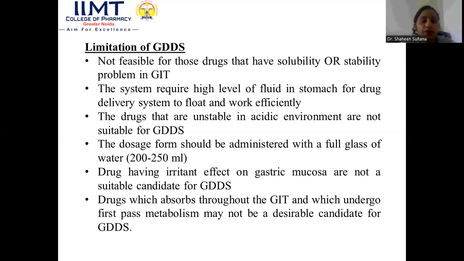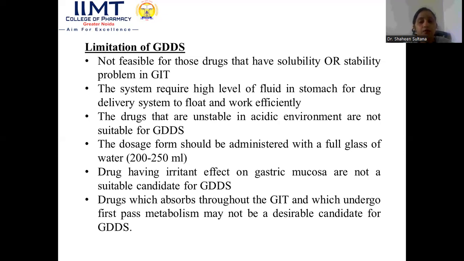So there is no need to prepare a gastroretentive drug delivery system for such formulations. Systems that require a high level of fluid in the stomach are also limited, because one type of gastroretentive drug delivery system is floating, and it wants a high level of water in the stomach. This is the disadvantage. For floating, you want a high amount of water in the stomach. Otherwise, it will not float and your purpose will be defeated.